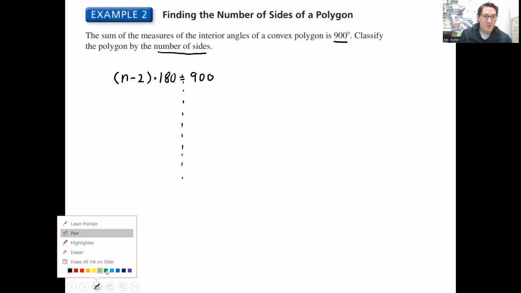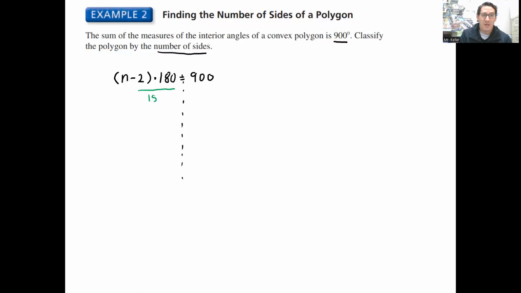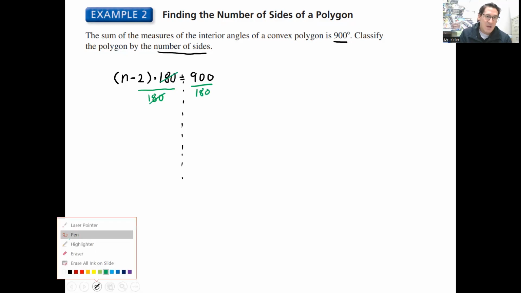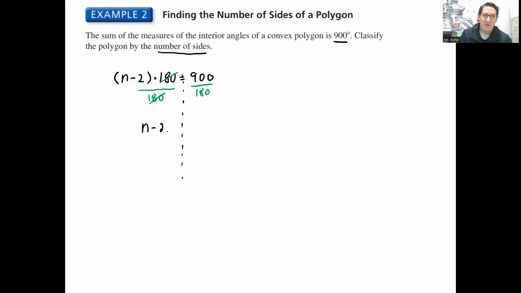First thing I'm going to do is divide both sides by 180. So the times 180 divided by 180 cancel out. I'm going to bring down the n minus 2. Since I'm not multiplying by anything anymore, I can drop those parentheses. I don't need them there. 900 divided by 180 is 5.